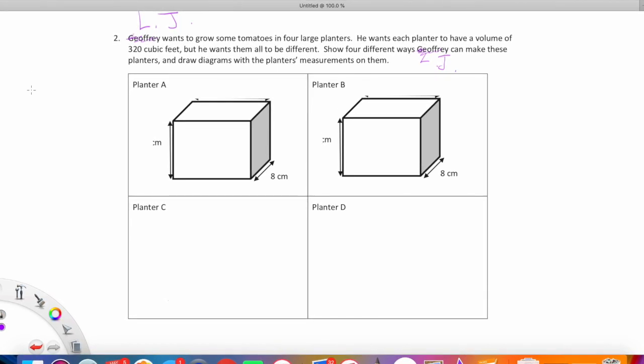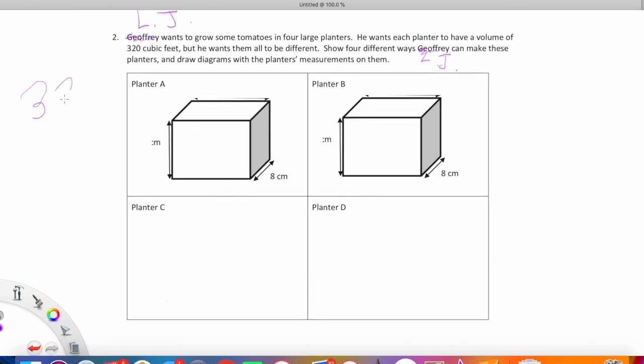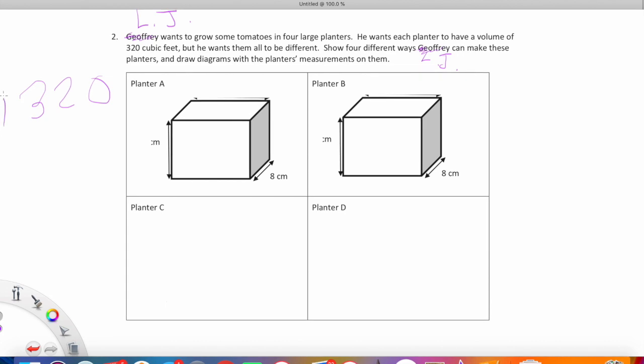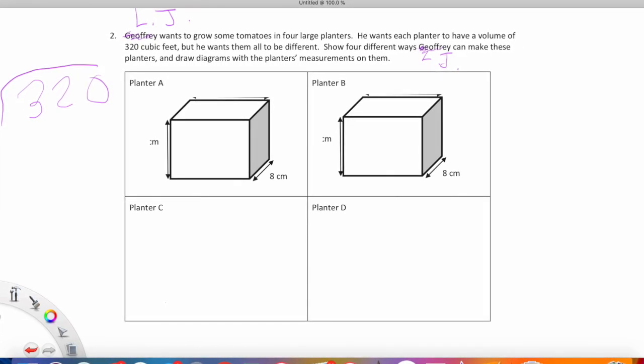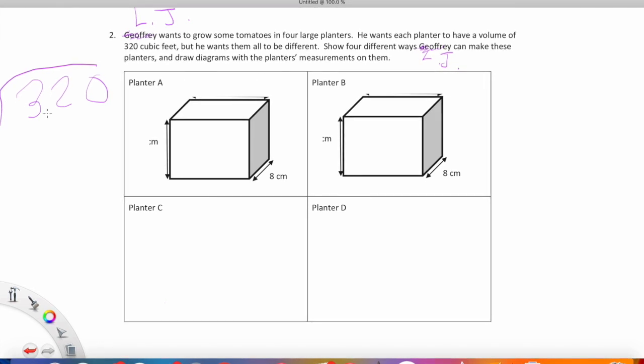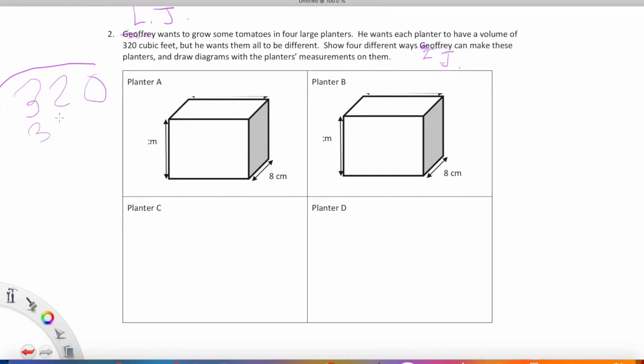Okay, so first we would do 320 divided by 4. Divided by 4, which would be 8 times to get to 32.